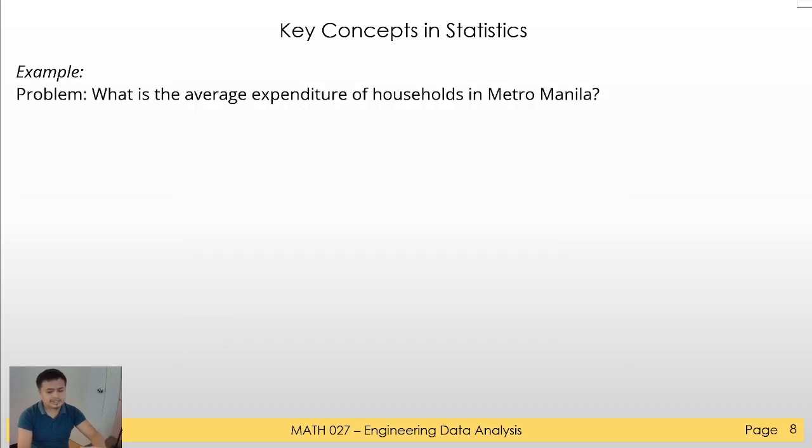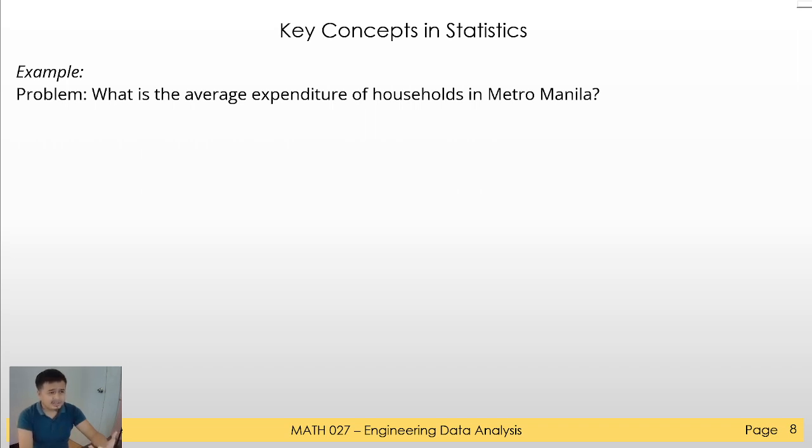Now, for example, we have a research problem in which we want to determine the average expenditure of households in Metro Manila. So what is average expenditure? Basically, how much do they spend, or, let's say, what is their average salary? I think that's what it means, expenditure.